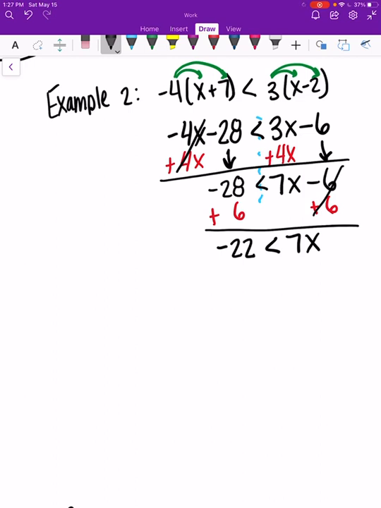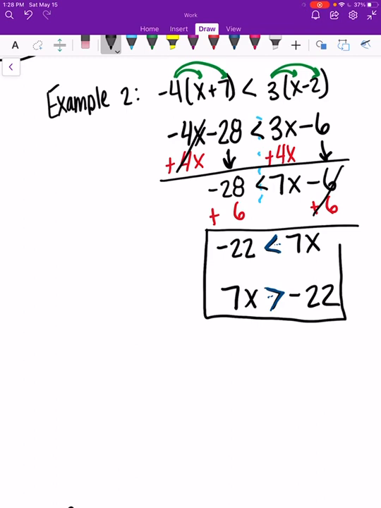Or we can switch them around and say 7x is greater than negative 22. As long as this inequality, do you see how it's opening towards the 7x? This part is towards the 7x. If we flip it around, we want to make sure that part is still towards the 7x. Okay. And both of those are correct. It just depends which way you see it on your multiple choice answers.